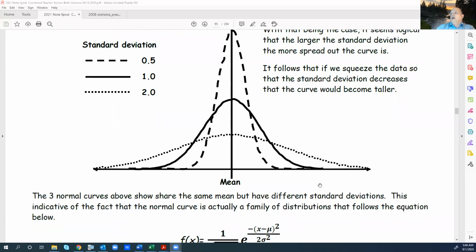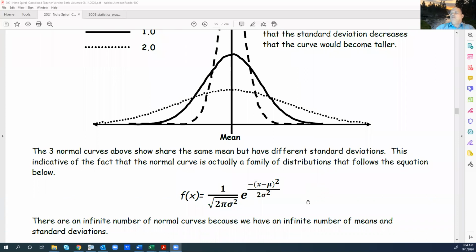They have this awful, horrible looking formula that I believe in calculus BC you get to integrate, but it's not something we fool with. You don't have to worry about it. You don't have to memorize it, but people go, hey, what does it look like? Well, that's the formula for the normal curve.